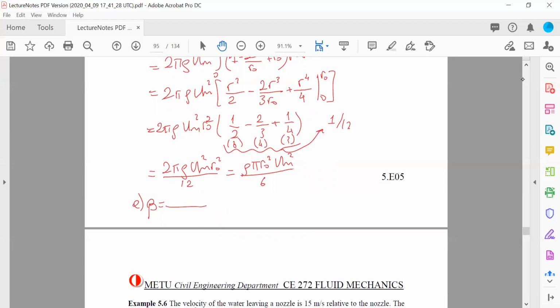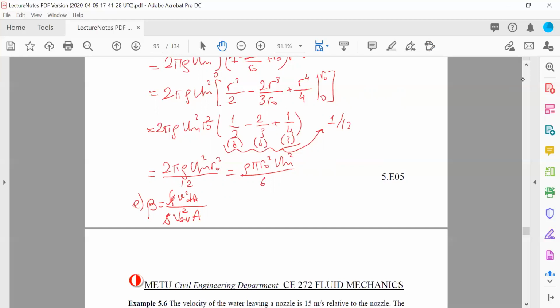If we are using the average velocity, rho V average squared multiplied by A should be multiplied with this coefficient in order to equal the exact momentum flux. So by dividing those two, we can find it.